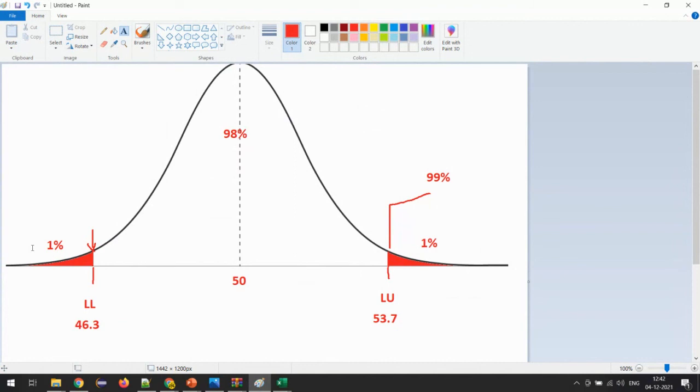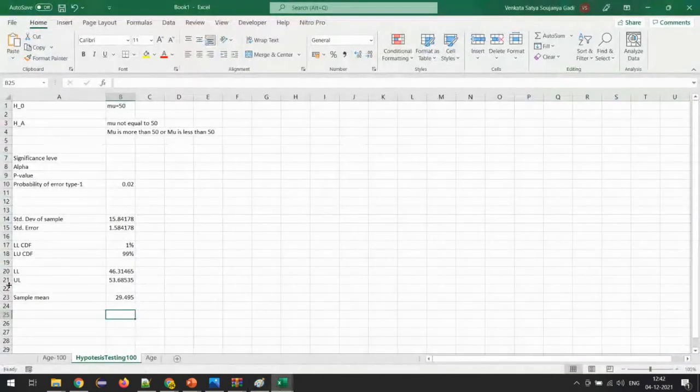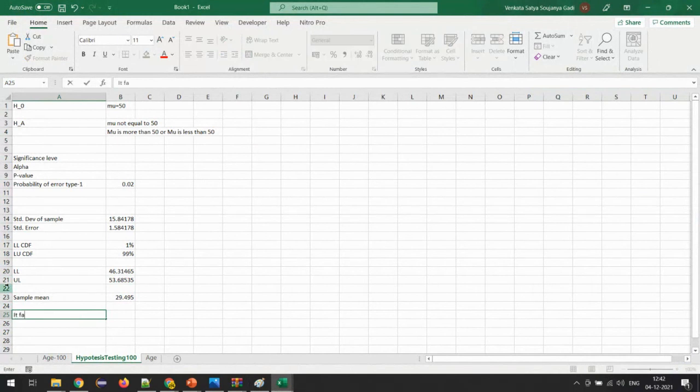In the red region, because it is lower than the lower limit? Yeah, it's less than the lower limit, right? Very correct. So it is somewhere here, very far away from this, and it falls in the red region.